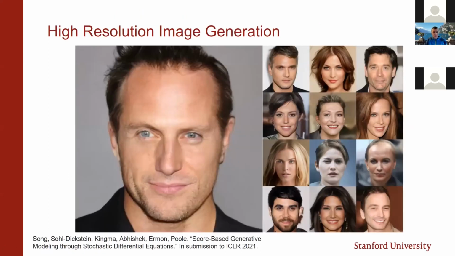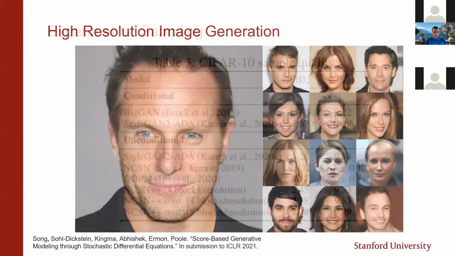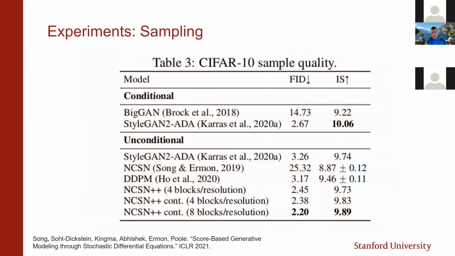Here you can see some results from, well, this is no longer in submission to ICLR. This was presented at ICLR this year. You can see some of the high resolution image samples that we can produce using this model. It turns out that this is producing state-of-the-art results on some data sets. You can actually beat GANs, generative adversarial networks, in terms of sample quality.